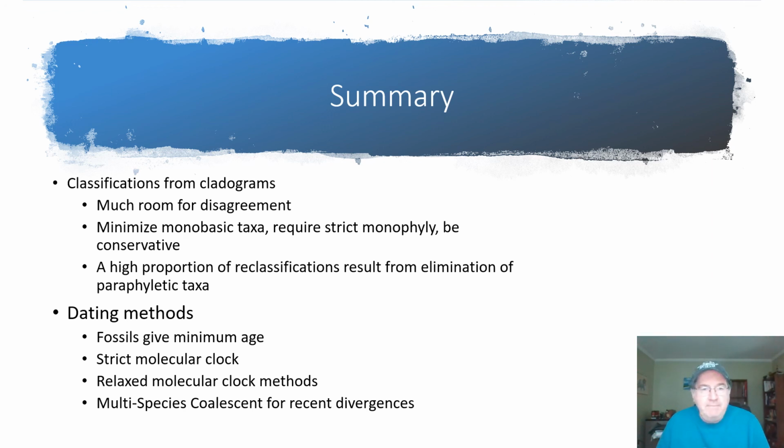And then for dating methods, fossils, we know, give a minimum age for a taxon if you can confidently assign a fossil to a node in a tree. The initial attempts at using molecular clocks relied on strict molecular clocks, which have lots of problems.